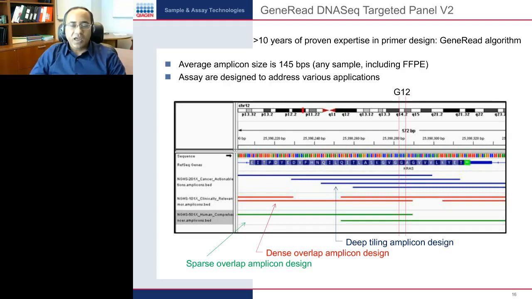The reason for having different strategies for different panels is to keep a balance between the coverage as well as the next-gen sequencing real estate, which becomes really handy because of the cost associated with next-gen sequencing.